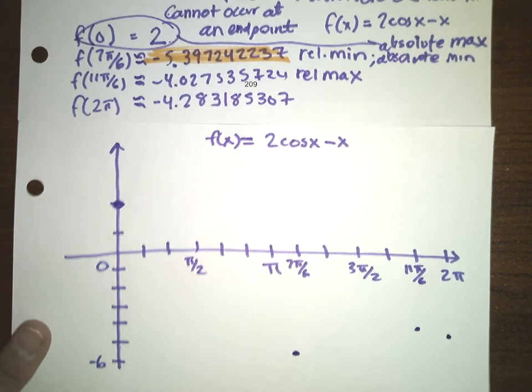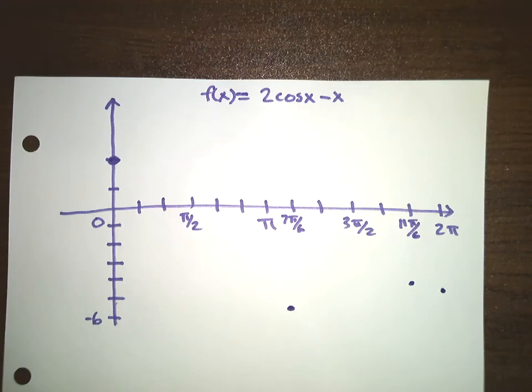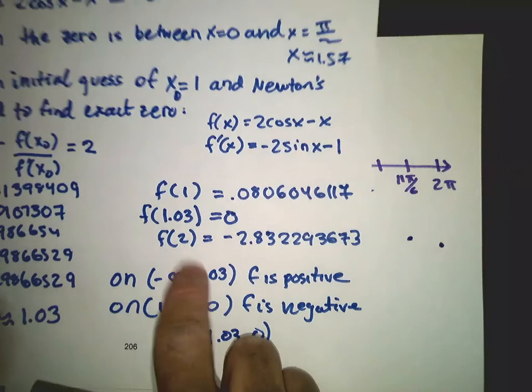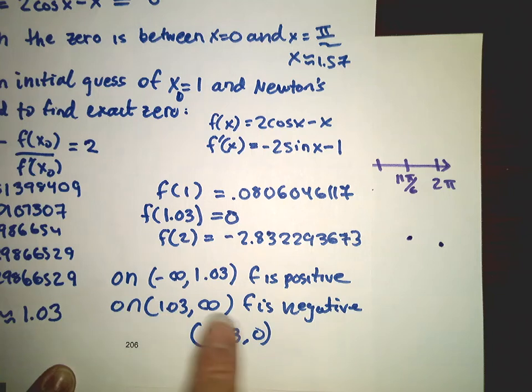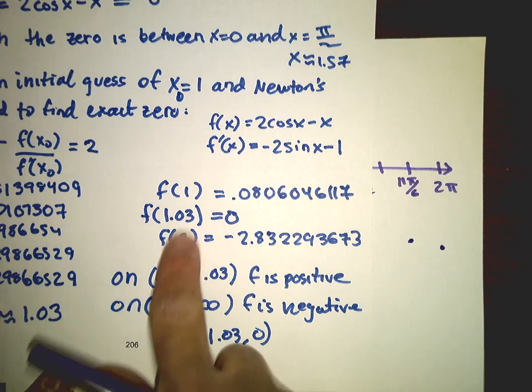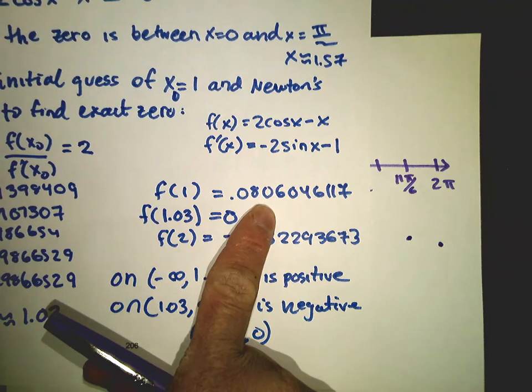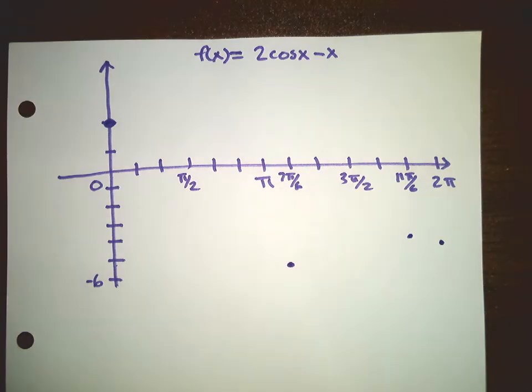And then we also knew, what else did we know looking back at the other steps so far? Remember from the very beginning, we knew f of 1 was 0.08604617.